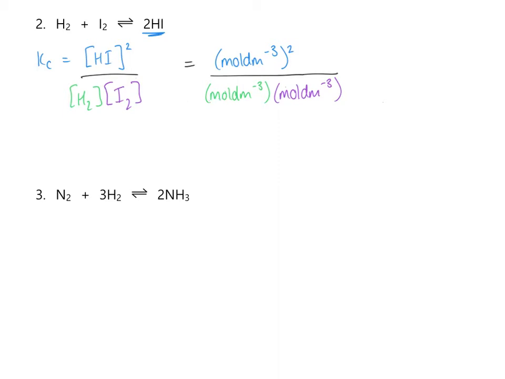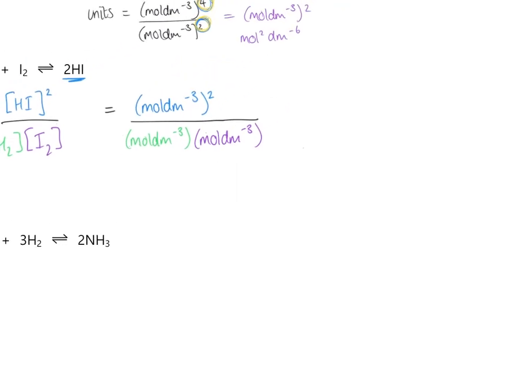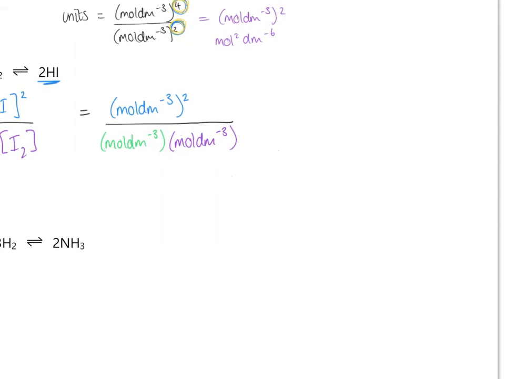So we can't directly cancel anything out in this equation because we've got squared on the top and none of our terms are squared on the bottom. So I would maybe simplify that down to us having moles per decimeter cubed to the power of 2 on the top, divided by, essentially, these have indices of 1.